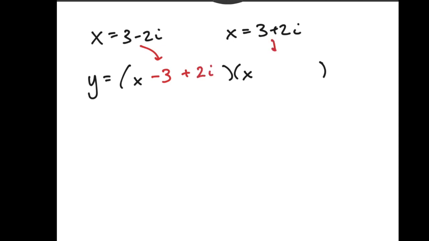Same thing here. If I switch it, it becomes -3 minus 2i. So again, we're switching the signs. That's what we're doing. So now I'm going to distribute this out.